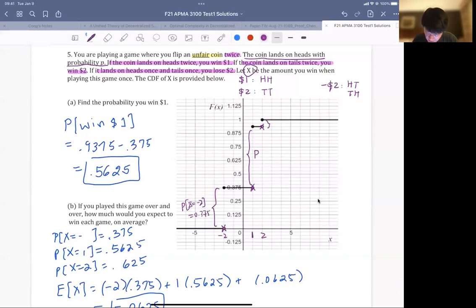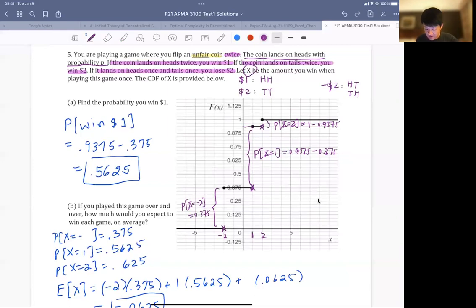And this is the probability of X equals 1, which is 0.9375 minus the bottom value here, which is 0.375. And this is the probability of X equals 2, which is 1 minus 0.9375. Okay, so this is how you read the CDF. We taught this in the class.